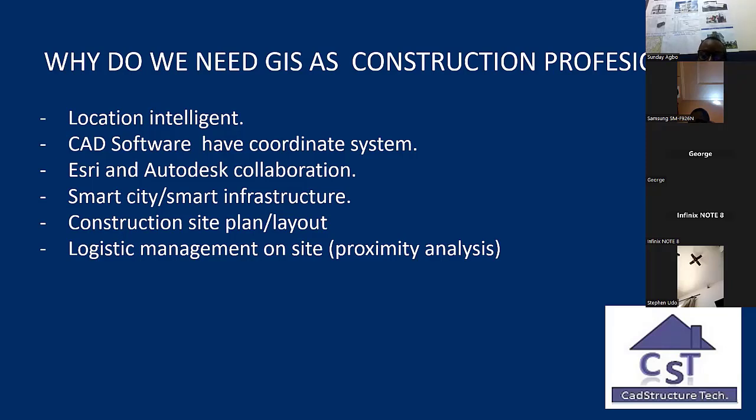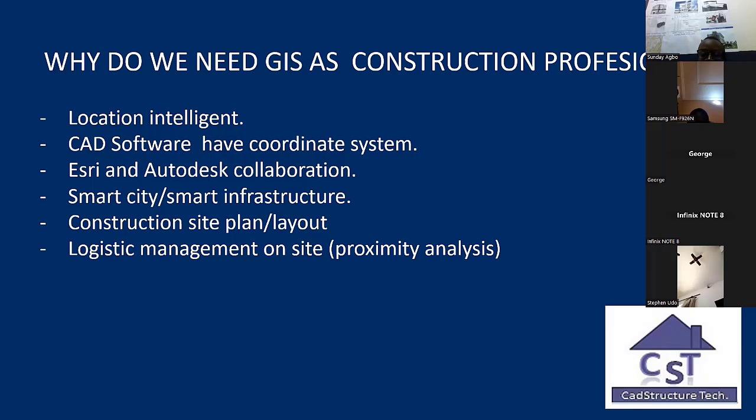For example, the topography of the place, the contour of the place, the slope, the gradient of the area. Every other thing can be gotten from Esri or from the GIS environment. So there's a collaboration between Autodesk and Esri for us to be able to integrate building information modeling and the GIS information system.